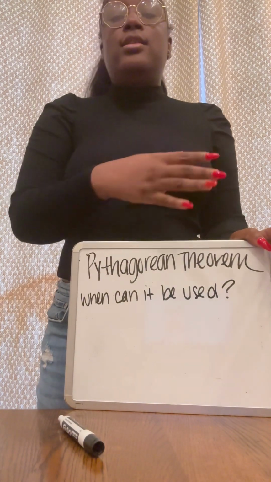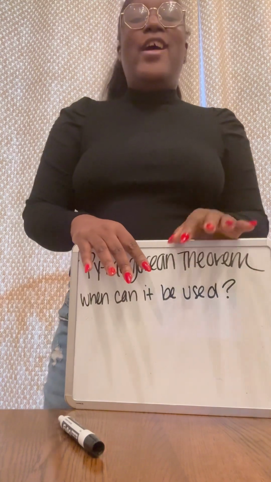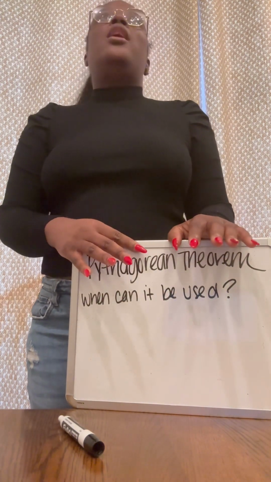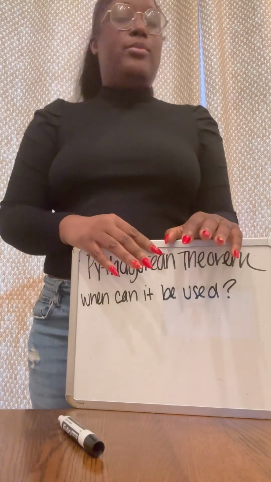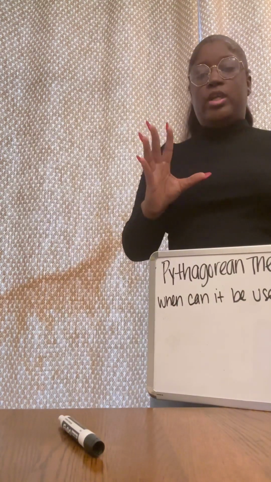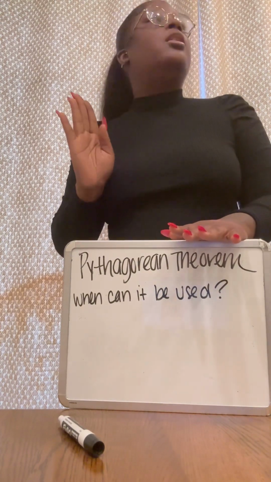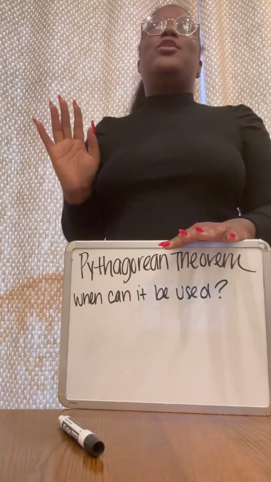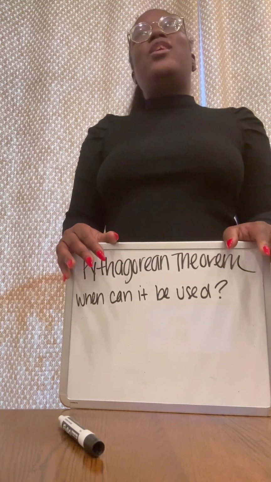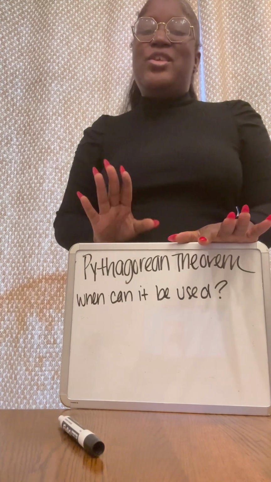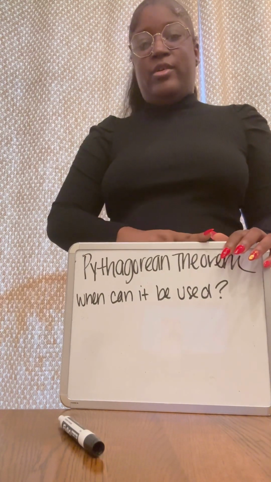Like I said, it's a simple formula that's so easy to use, and you guys are really going to grasp this concept in the snap of a finger. But those are some of the situations where the Pythagorean theorem is used, because I know a lot of people in math always say, well, we're never going to use this in real life. But these are some of the situations when you can use the Pythagorean theorem, okay?